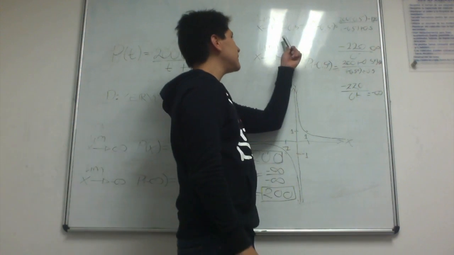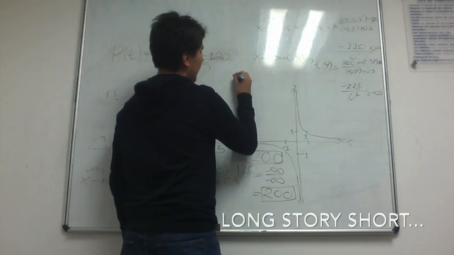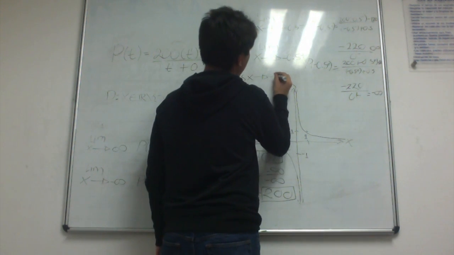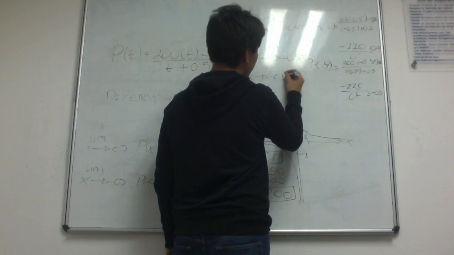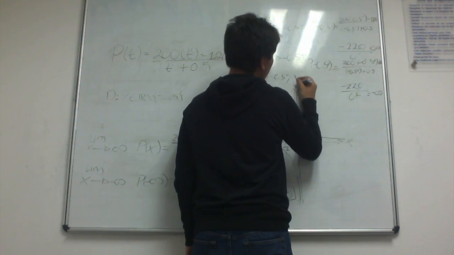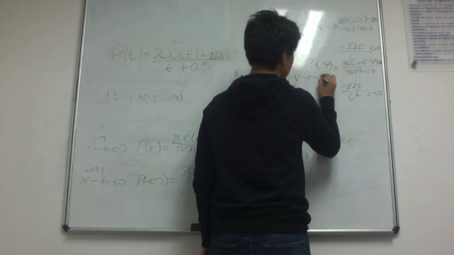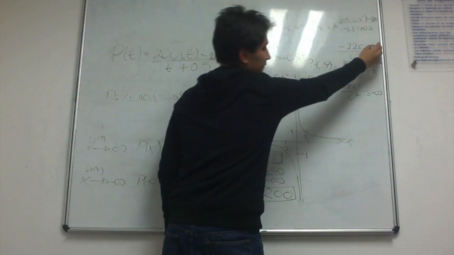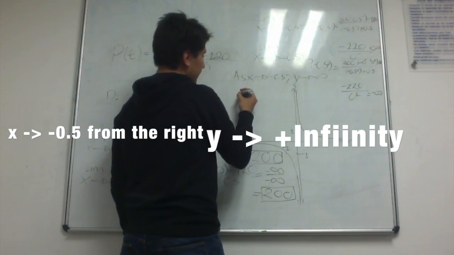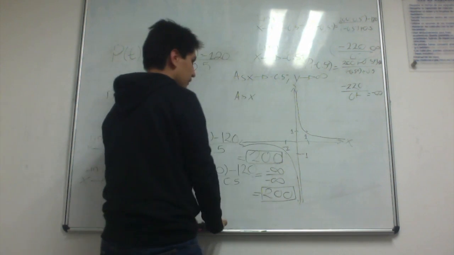In this specific function, we can see that the domain is going to be x includes all real numbers except minus 0.5. Why? Because the vertical asymptote is going to be at that exact point. And for the range, y includes all real numbers except 200, because that's where the horizontal asymptote is located.